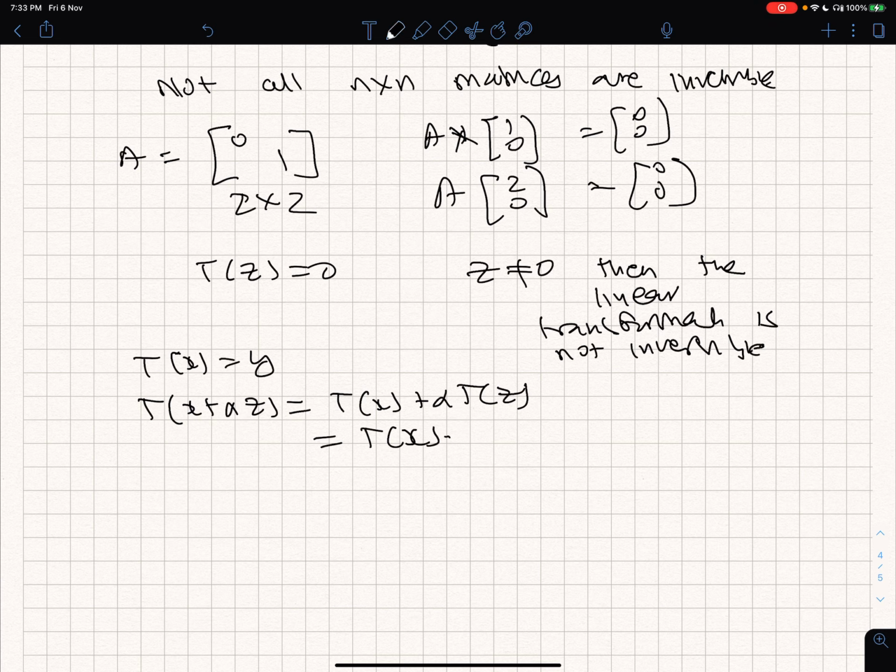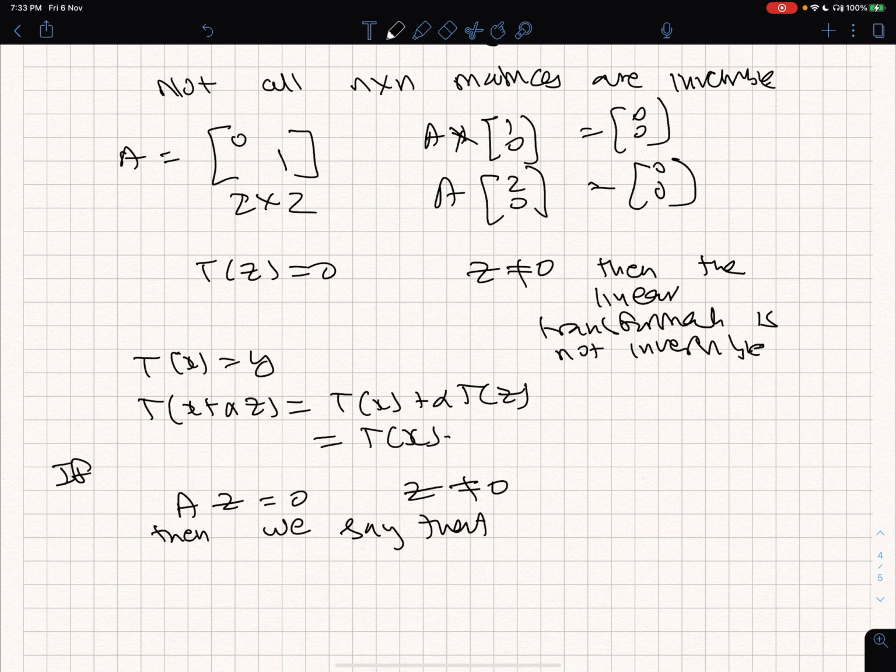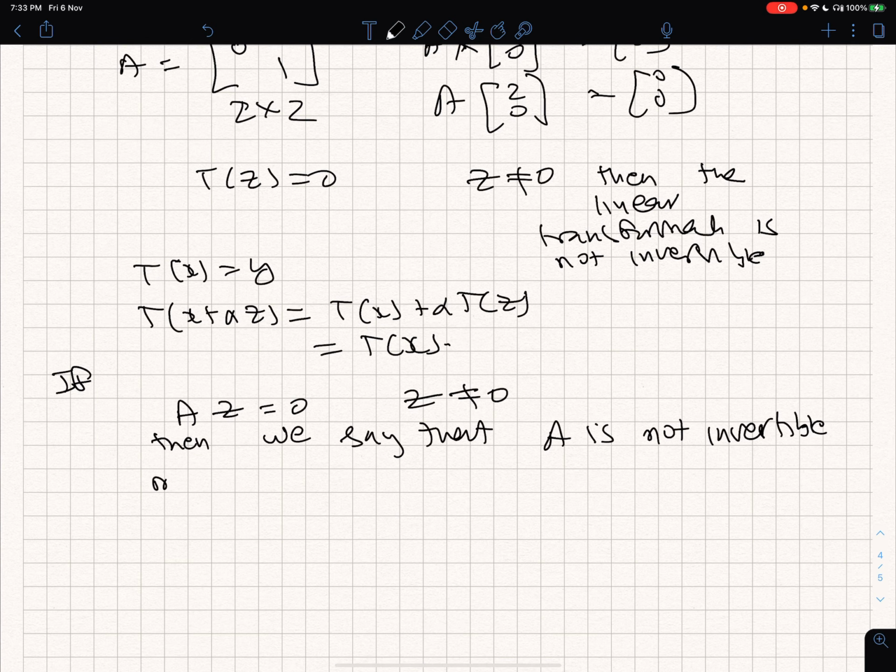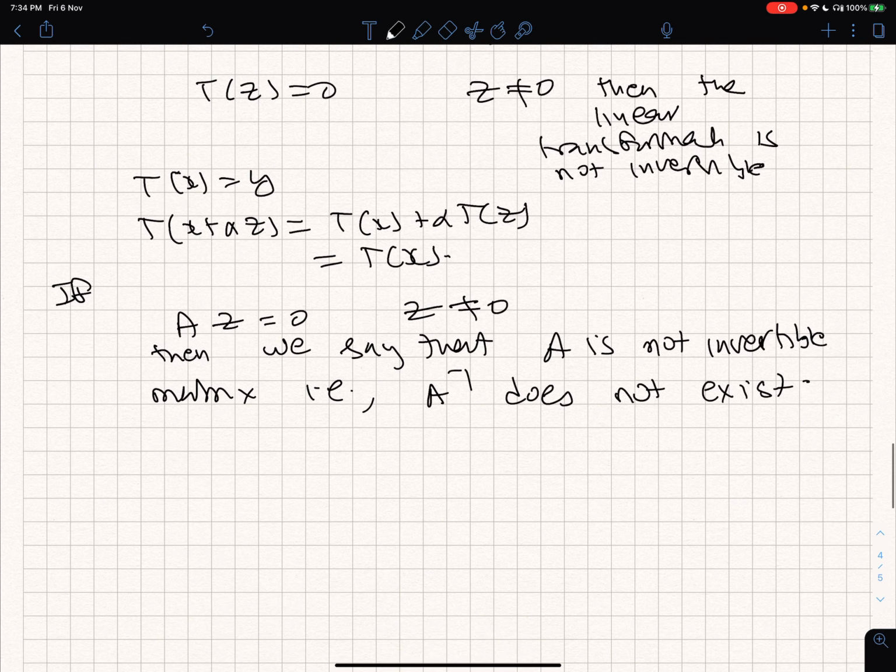and hence the invertibility criterion is no longer satisfied. In simple terms, when coming to square matrices, if Az is equal to 0 for some z not equal to the 0 vector, then we say that A is not an invertible matrix, that is A inverse does not exist.